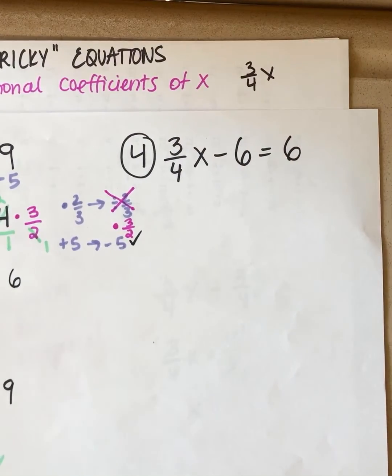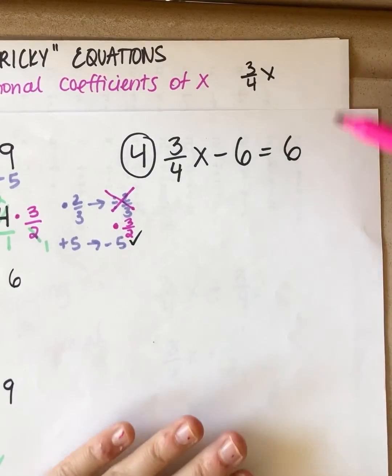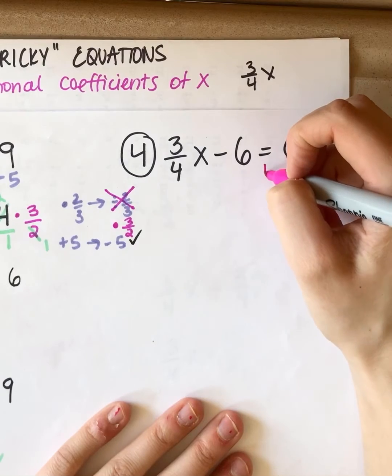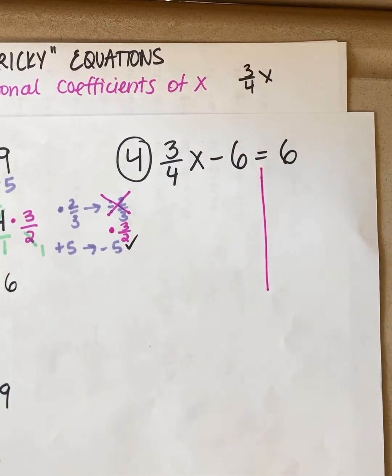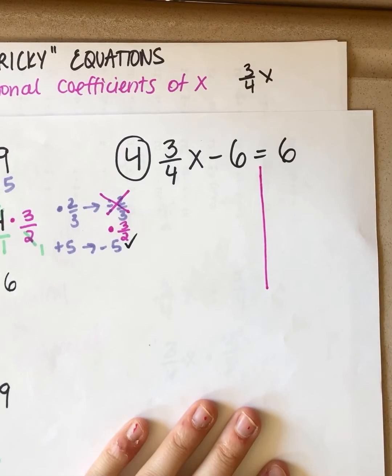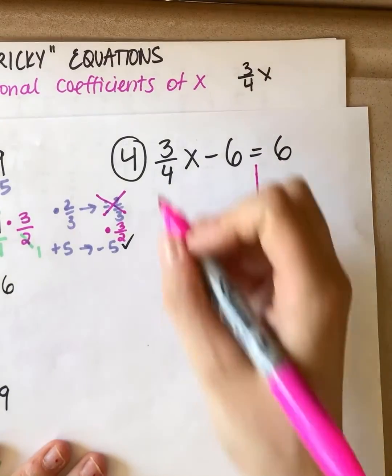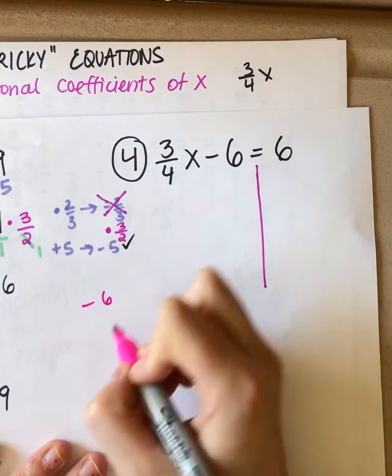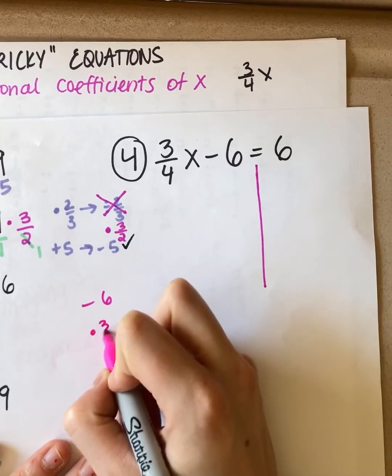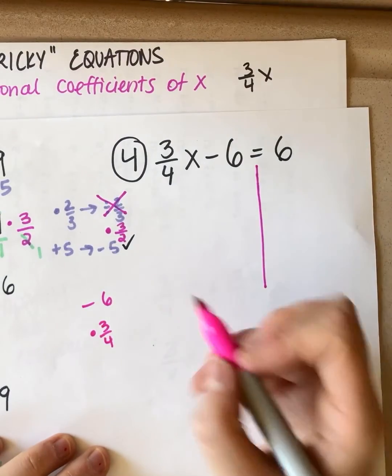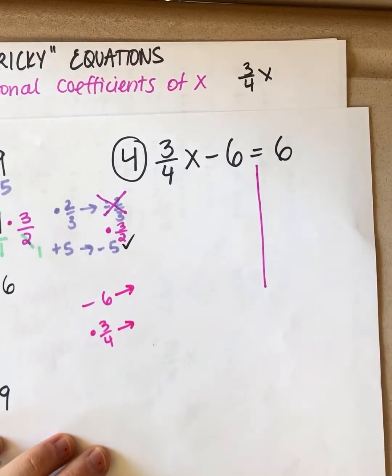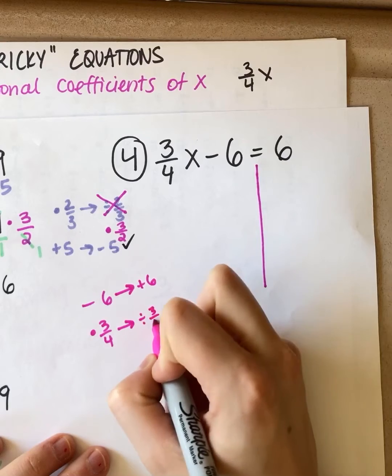Heading over to problem number 4. Again, I'm set up, I'm ready to go. I'm going to drop down that equal sign. 3/4 of x minus 6 equals 6. I'll identify my operations over here. So I am subtracting 6 and multiplying by 3/4, which will turn into adding 6 and dividing by 3/4.